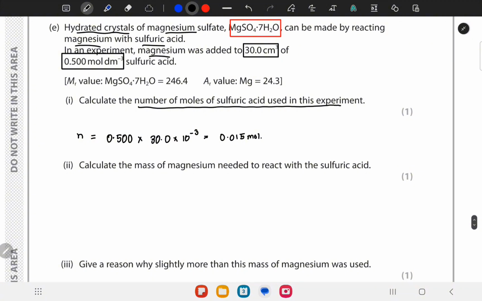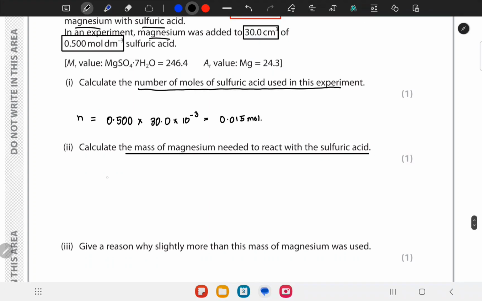Now we have to calculate the mass of magnesium needed to react with the sulfuric acid. So the mass would be the number of moles times the atomic mass of magnesium. This would be 0.015 times 24.3. We use 0.015 because the mole ratio of magnesium to sulfuric acid is 1:1.